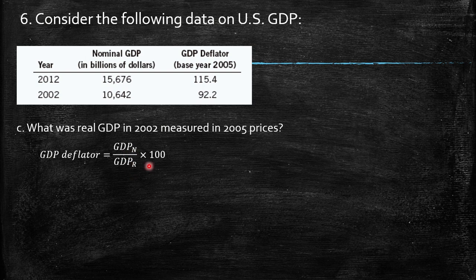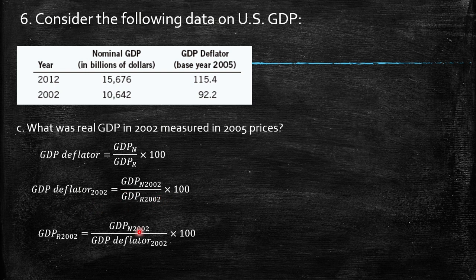So for 2002 you have the nominal over the real, and you already have the deflator, and you have the nominal as well. So there is one equation and one variable, which is the real.